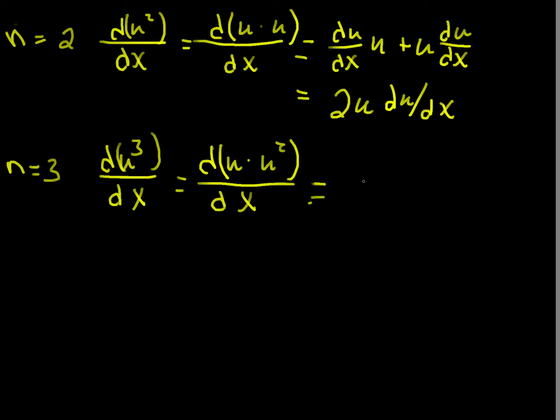Product rule says it's du/dx times u squared plus u times d(u squared)/dx. This we can't reduce anymore, but this one we just calculated before.